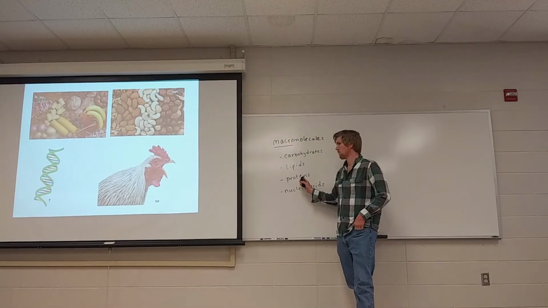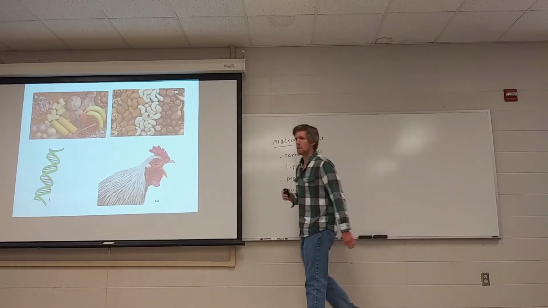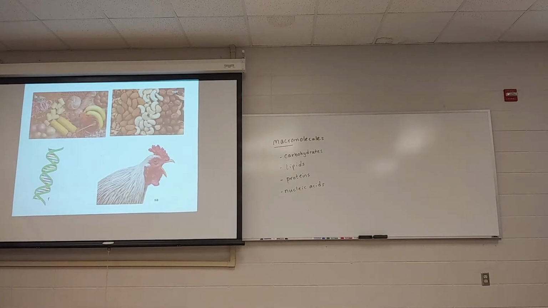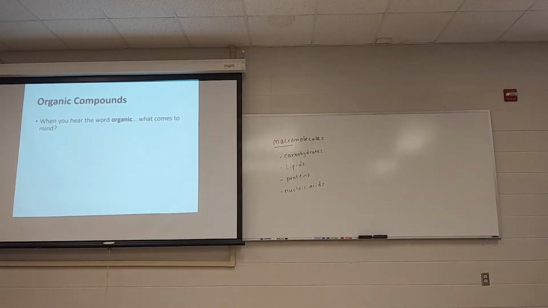There is a ton of variety in terms of the functionality of proteins. But there's also a similarity in the way that they're built that makes them a protein, so we'll get to all that. But these are the four major macromolecules that construct or build living organisms. All of them are organic. So what does this mean?